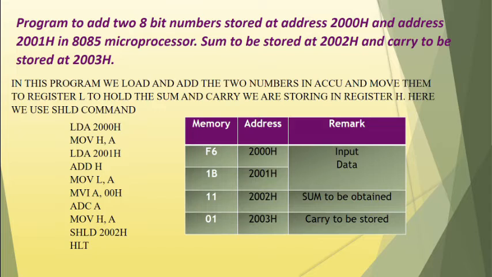For that we'll use one logic: we'll add the contents of carry to the accumulator, and we'll use the command ADC A. But before that we have to clear the accumulator. For that we have to use the command MVI A, 00H.